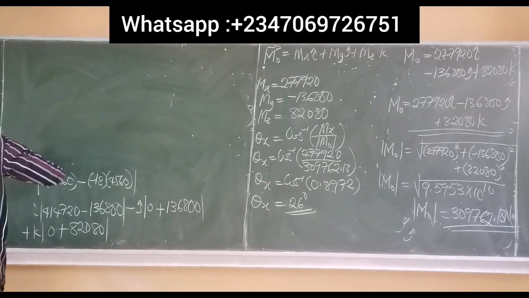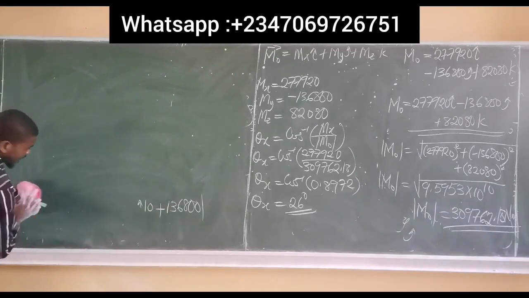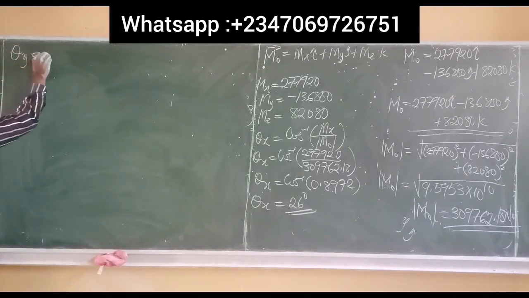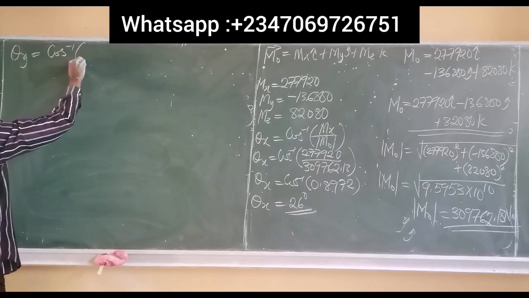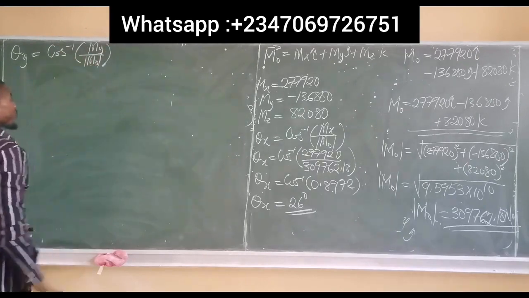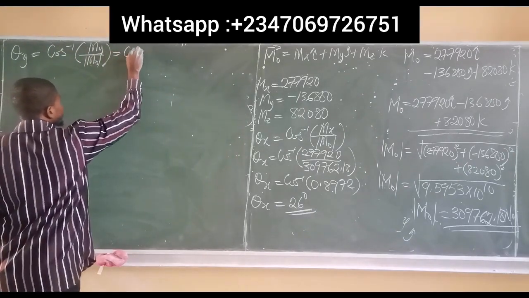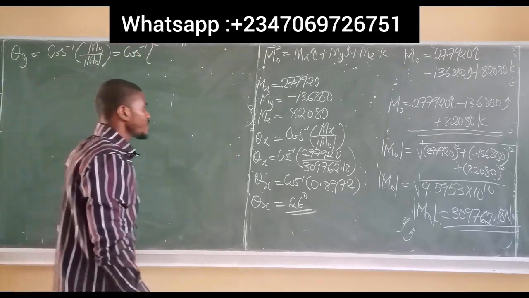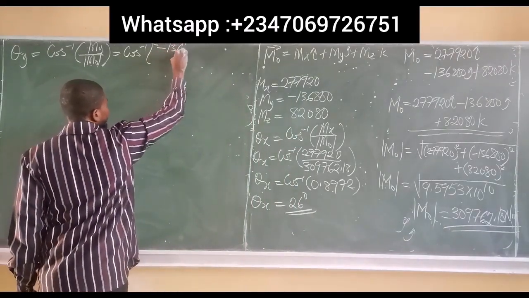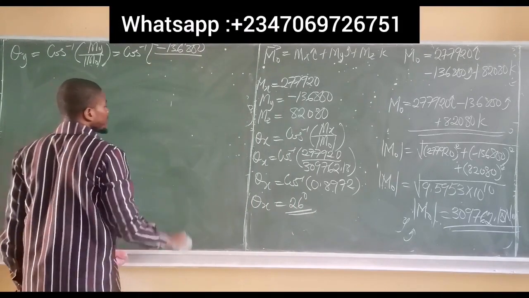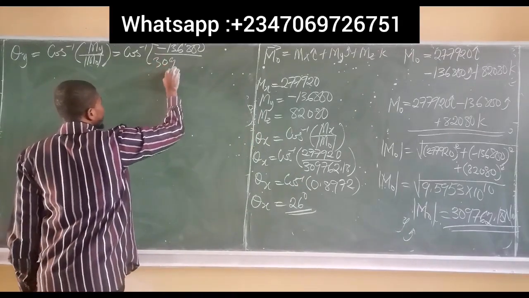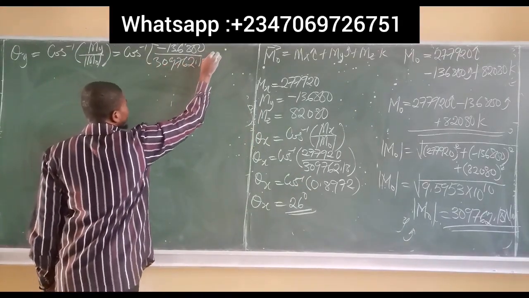Similarly, to find that of y and that of z, we still maintain the same relationship, but now we are going to be effecting their values in the respective positions. So theta y becomes what? Cos inverse of moment in the y-axis all over the magnitude of the moment about point O. We obtain the moment in the y-axis to be minus 136,800, all over the magnitude of the moment about point O, 309,762.18.